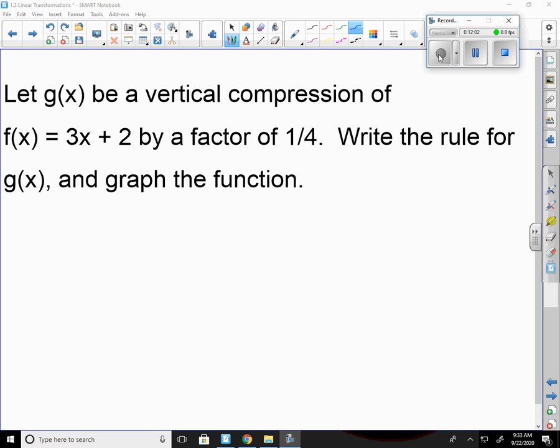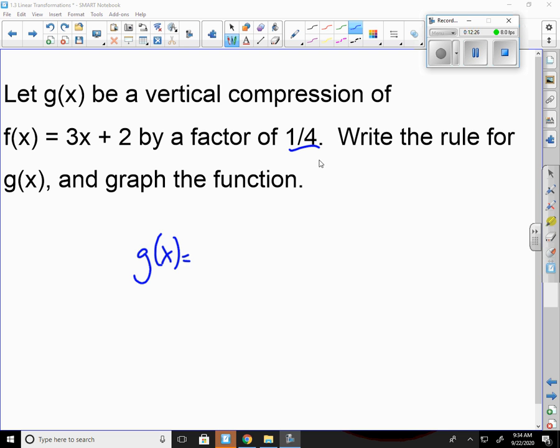Now we're going to do a vertical compression of f of x equals 3x plus 2 by a factor of 1/4. Write the rule for g of x and graph the function. So you should be trying this and seeing if you can do it. Okay, g of x is going to be, it says a vertical compression. That means we're going to leave this as 1/4. We don't flip it. We only do that with horizontal.